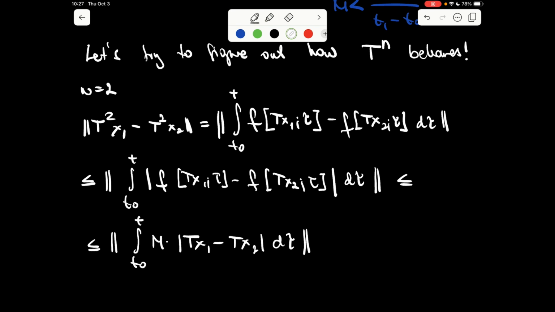Okay, and because of the max norm, this cannot be higher than the norm of the difference, which is a function. Okay, and so we take the norm of a norm.